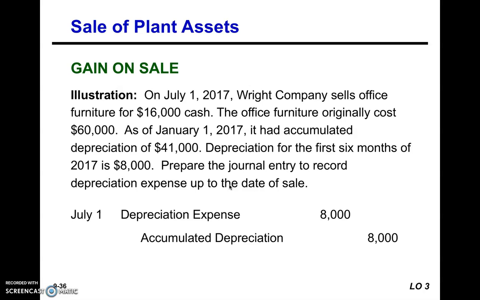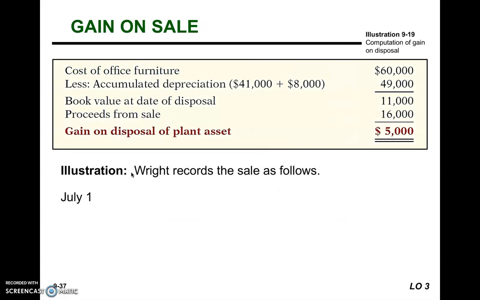So now if we add the $41,000, which was accumulated depreciation as of 1/1/2017, plus the $8,000 for 2017, accumulated depreciation as of the date of sale would be $49,000, which we will get rid of by debiting it when we prepare the journal entry for the sale.